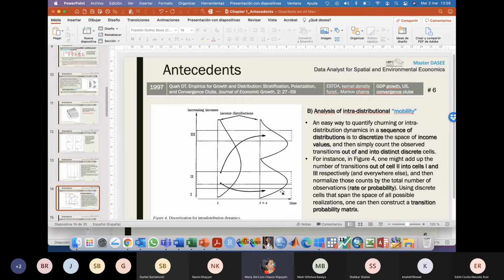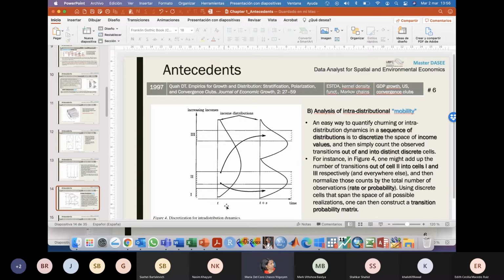So again, like in the Markov chains, what he has done, here in the vertical axis, is dividing the continuous distribution of income into different states or different intervals. And you have here the first period of time and the last one, so T and T plus S. It could be 1961 and here 1988. It is an easy way to quantify churning or intra-distributional dynamics. It's a way of looking at these dynamics.